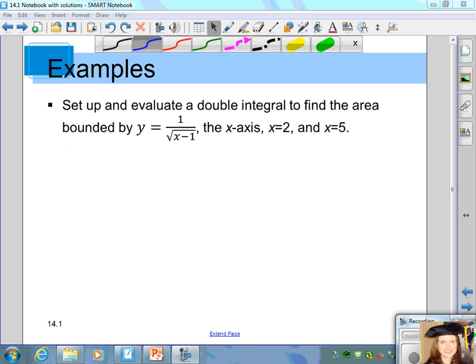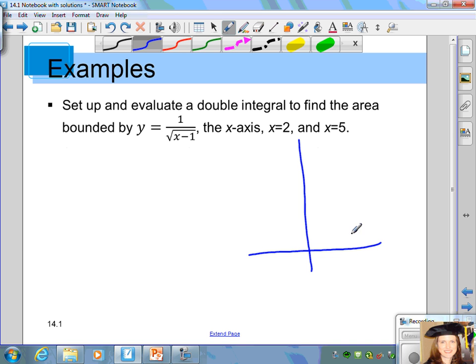Let's begin by sketching the graph. When you sketch the graph of y equals 1 over the square root of x minus 1, the x-axis, x equals 2 and x equals 5, we can begin by looking at a graph something like this: x equals 2, 3, 4, 5, the x-axis, and the curve y equals 1 over the square root of x minus 1.